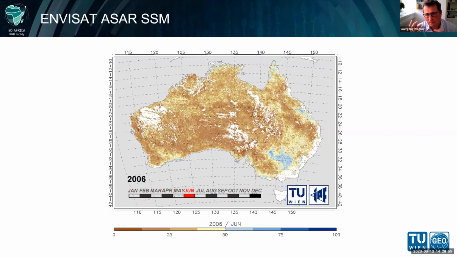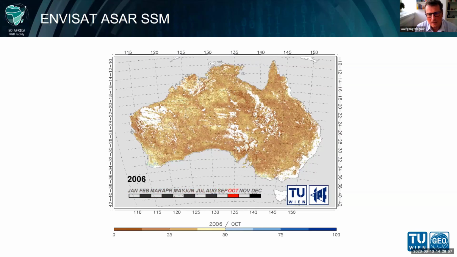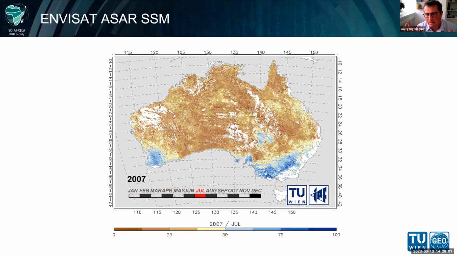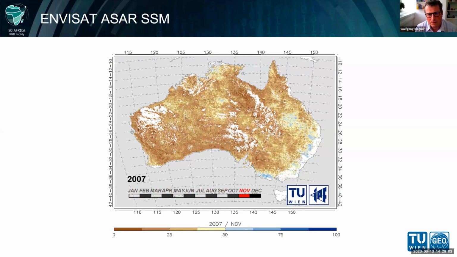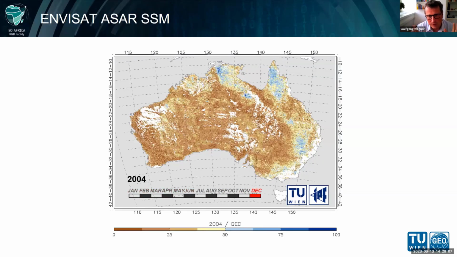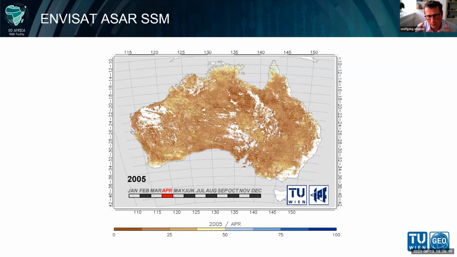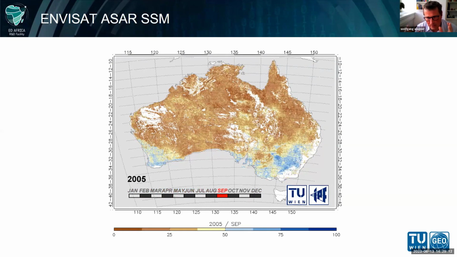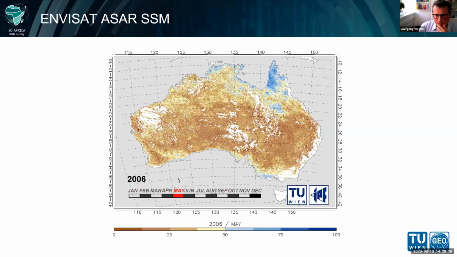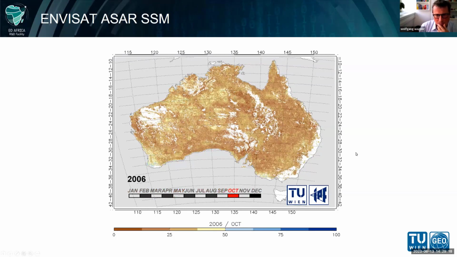Australia has a very dry interior region. There still can be substantial rainfall during parts of the year in particular years, but overall the interior is dry, and it's more the northern and eastern parts and the southern parts that are wet, but otherwise there's very little soil moisture also there.